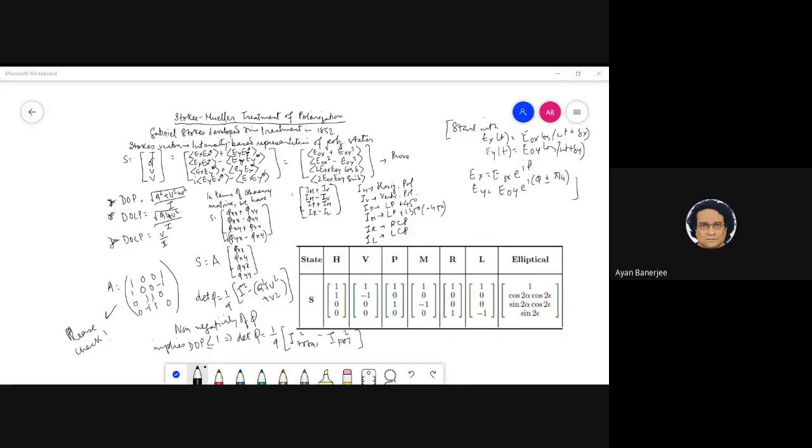I total square is the total intensity of the light, and I polarization is the polarized component of that. Remember, when your I total is equal to I polarization, then your determinant is zero. So what is crucial is that if you have a non-zero determinant of the coherency matrix, that means the light is partially polarized.